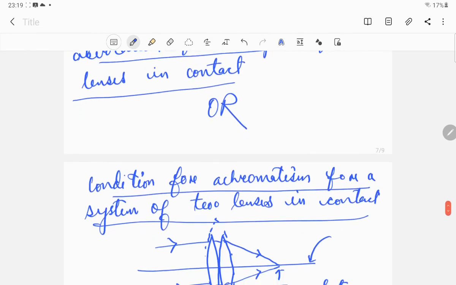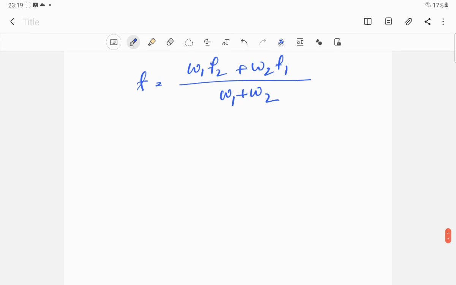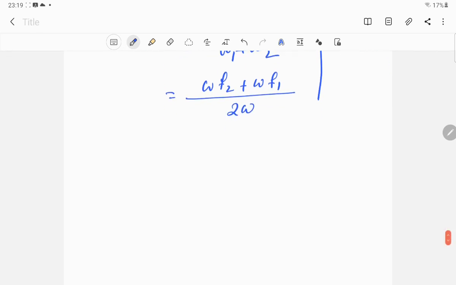Yes, correct. So there may be a question that if the two lenses are of the same material, then omega 1 will be equal to omega 2, means their dispersive powers will be almost the same. So what remains then? Omega f2 plus omega f1, omega plus omega means twice omega.